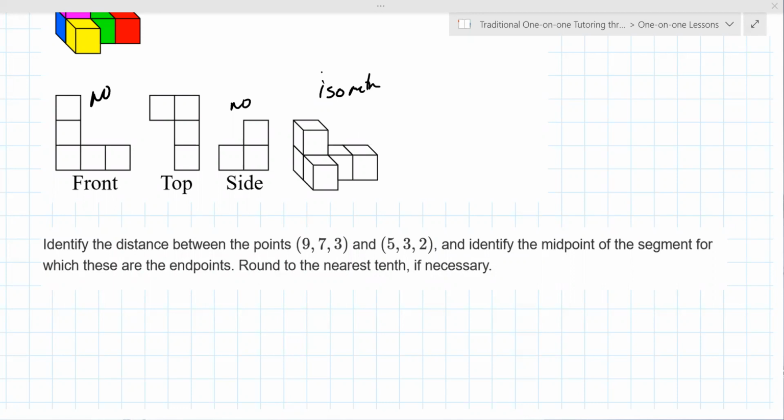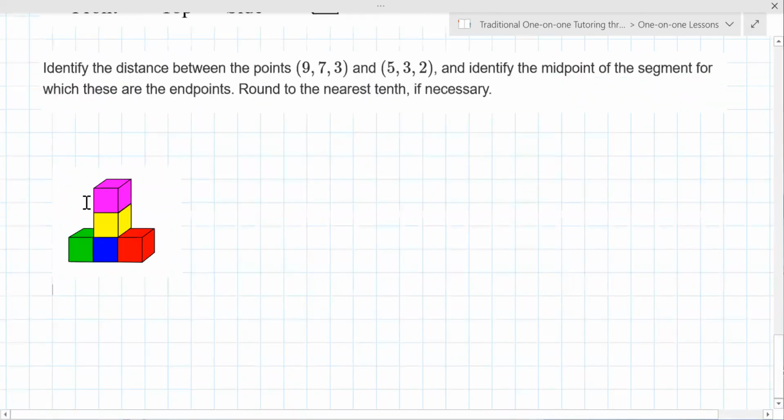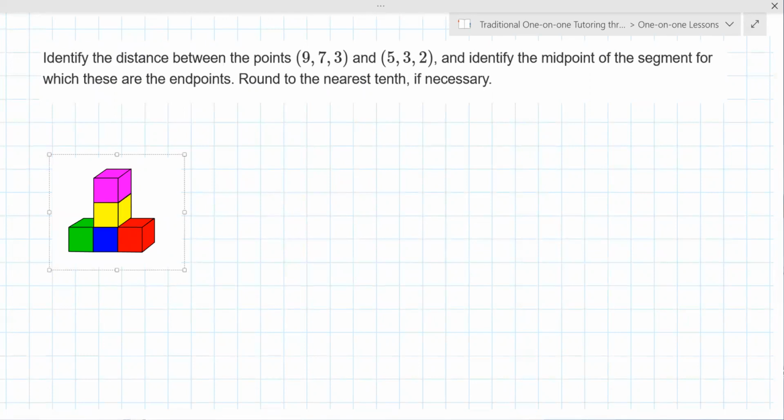So the nice thing is I think we're all done with those types of problems. The next one is another one of these top, front, top, bottom, front, side type questions. So this one, they give you this as given, and they give you a couple of options here.